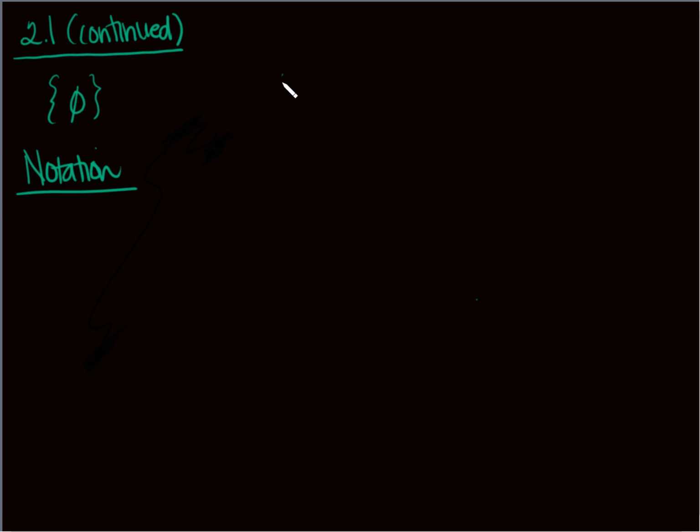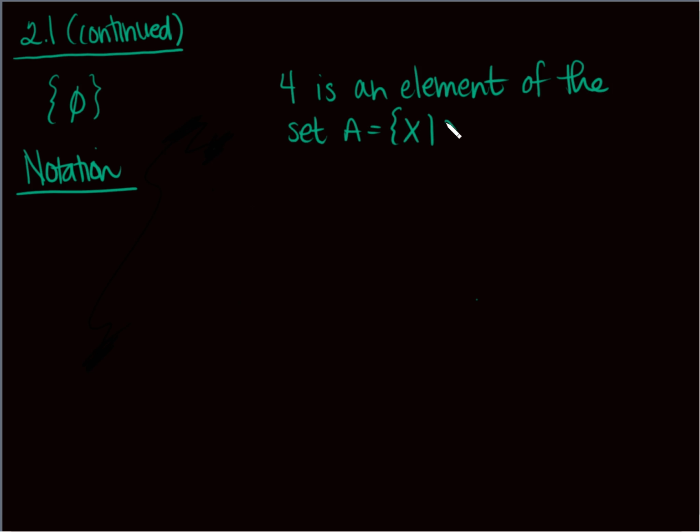So if I wanted to say 4 is an element of the set A, where A equals the set of X such that X is a perfect square, that's my set A. 4 is an element of the set A, where every element is a perfect square.